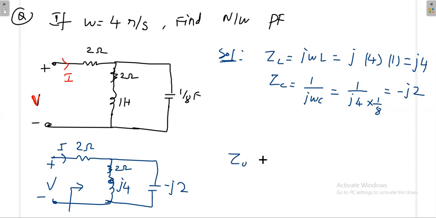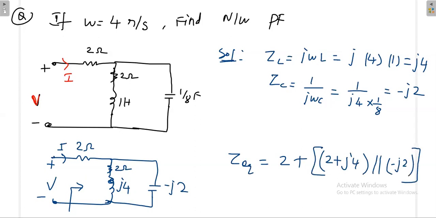So Z equivalent is equal to 2 plus (2 + j4) in parallel with (minus j2). Then finally you have to add 2. Then what is your final answer? Anybody, how to find out the parallel combination?